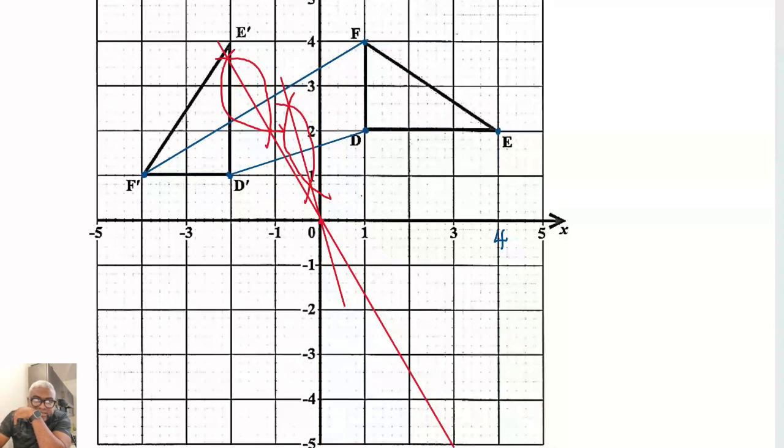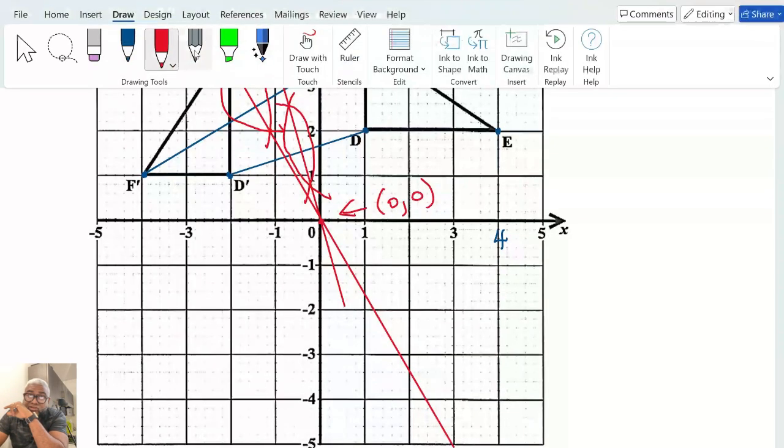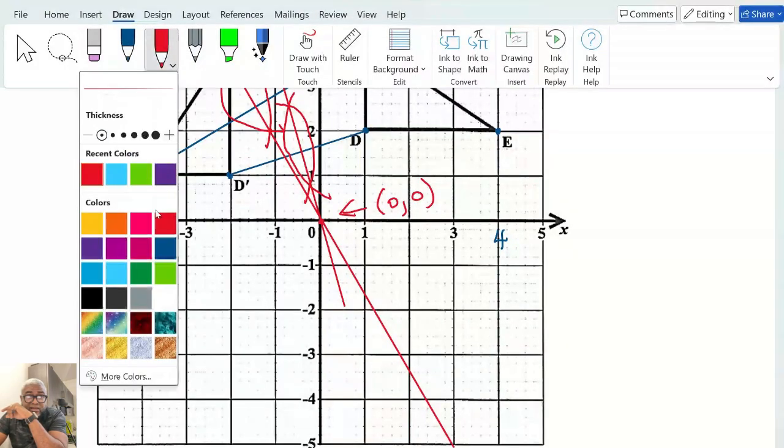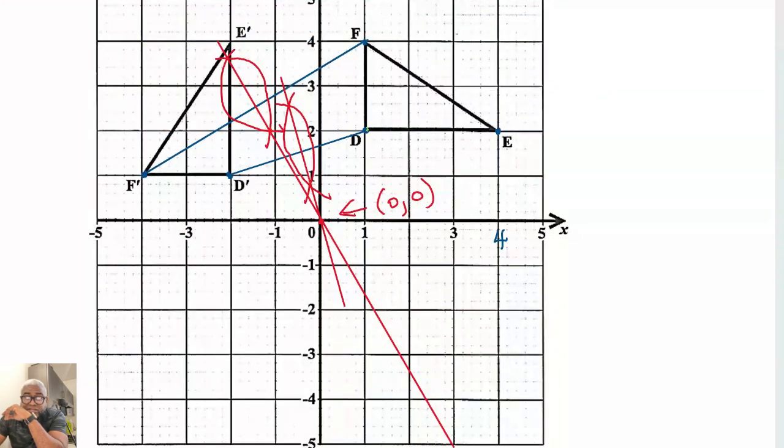So this will give you your center of rotation as 0, 0, right? That's your center of rotation. Now, in order to find out how many degrees the rotation is, this is what we need to do. Rotation is the hardest one. All the reflection, translation, and all that is much easier. So watch it. To find out the degree of rotation, you draw a line from here to here, right?